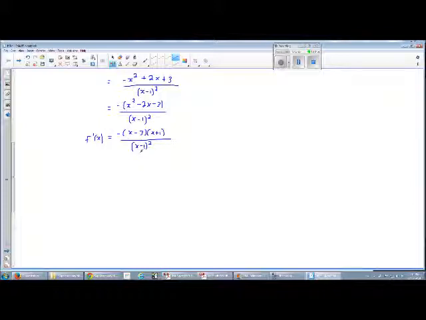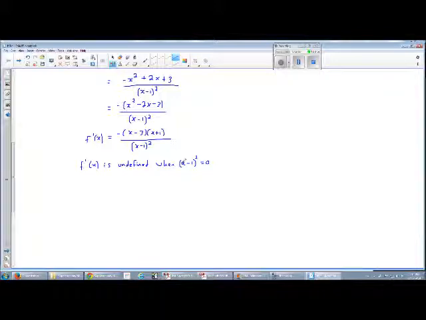So I can take a look here and I can see that this gradient function is undefined when x minus 1 all squared equals 0.